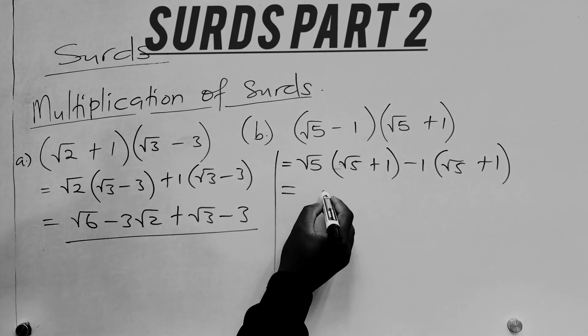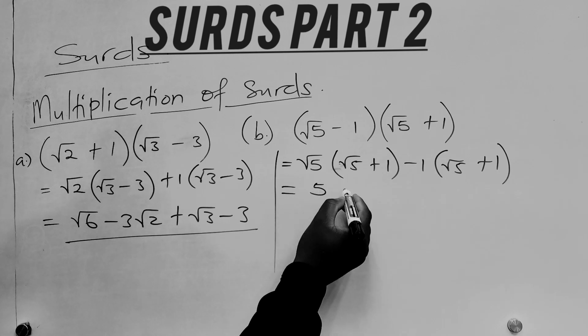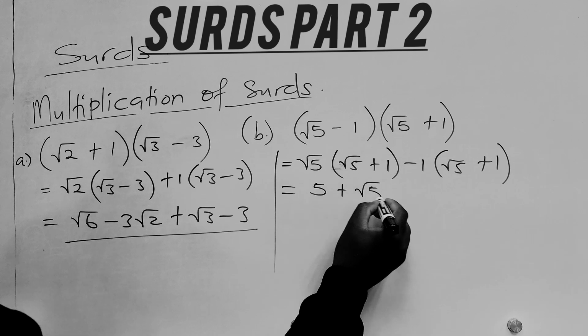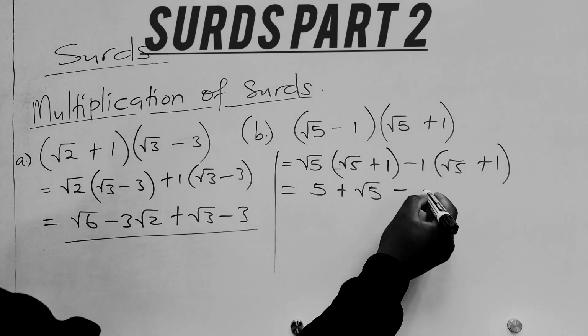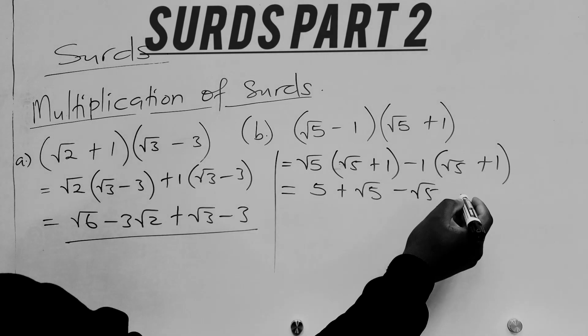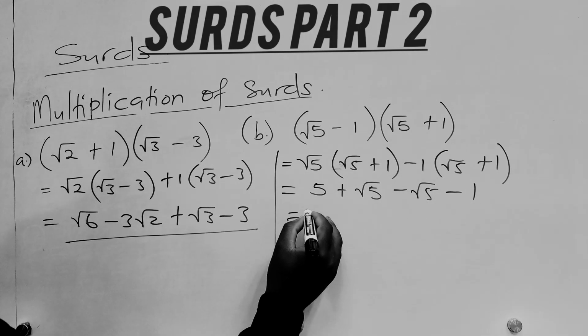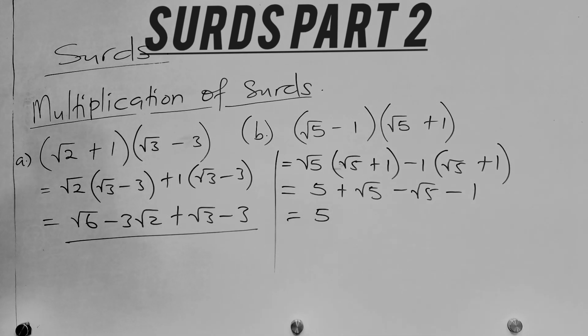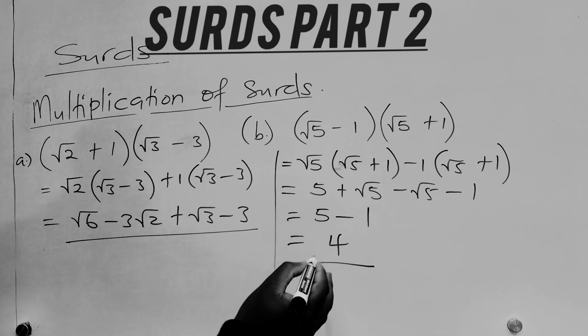Root 5 times root 5 we get 5, plus root 5 times 1 we get root 5, minus 1 times root 5 we get minus root 5, minus 1 times 1 we get minus 1. This will be 5. Then root 5 minus root 5 is 0. When we subtract 1, our answer is 4.